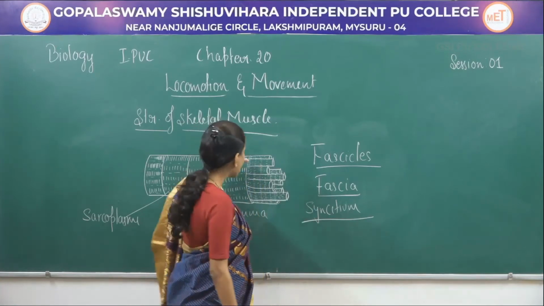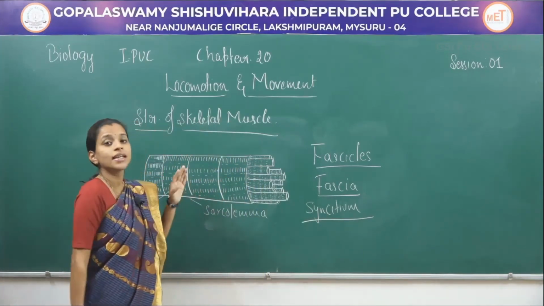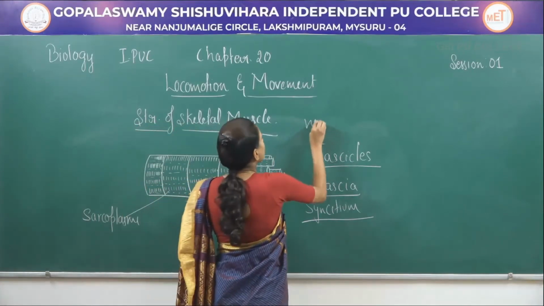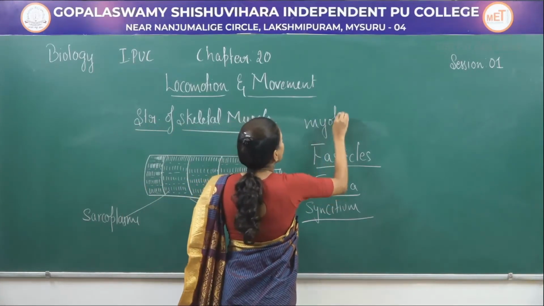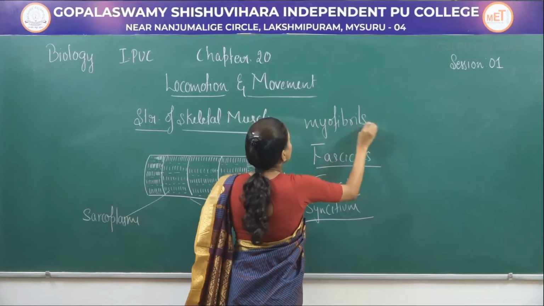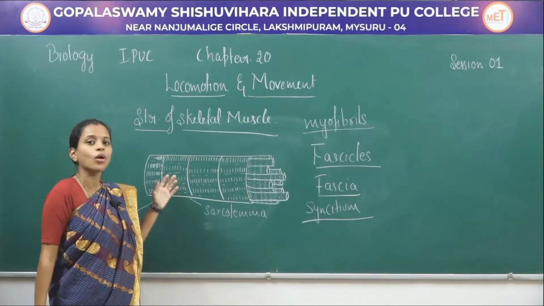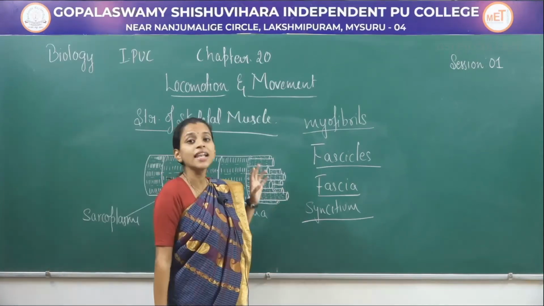Now within the skeletal muscles, it is again made up of small filaments called myofibrils. And just like other cells, they also contain some cell organelles.